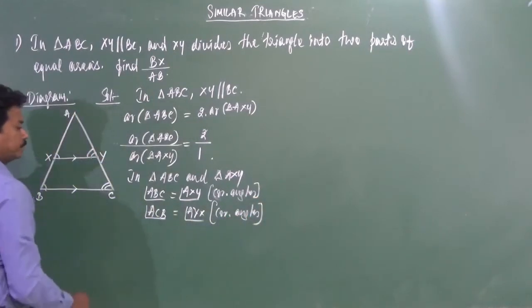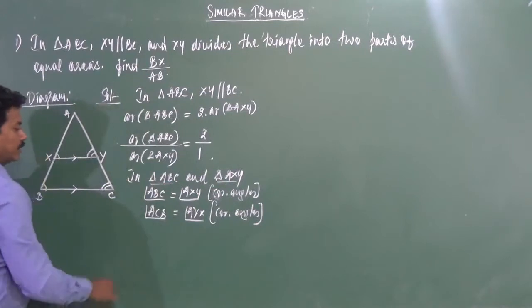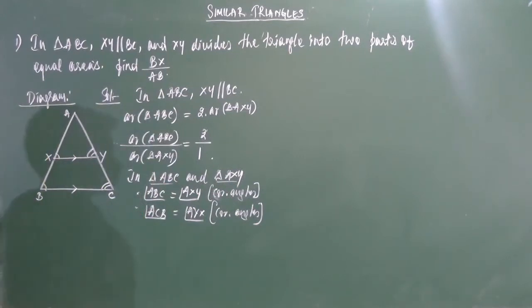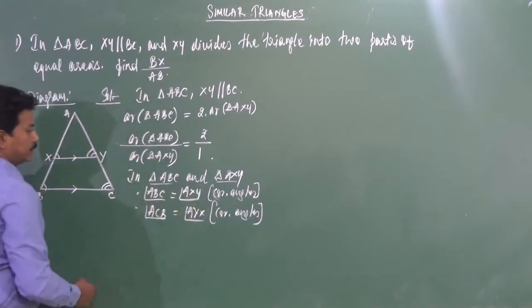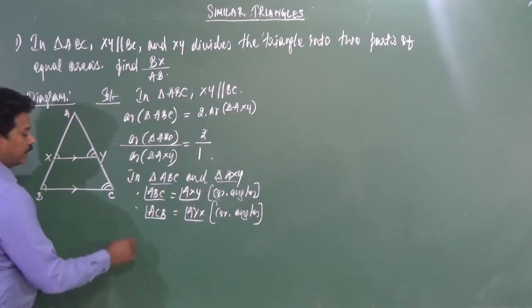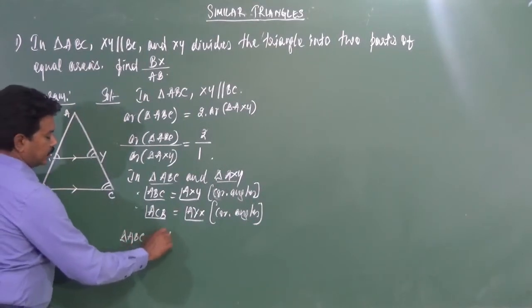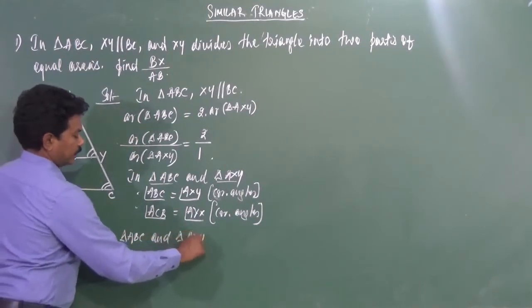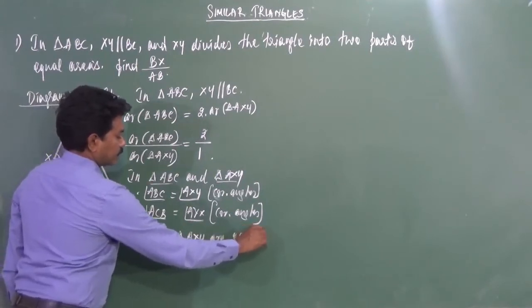Therefore, in both the triangles, that is triangle ABC and triangle AXY, two pairs of corresponding angles have become equal. So according to the AA criterion, triangle ABC and triangle AXY are equiangular.